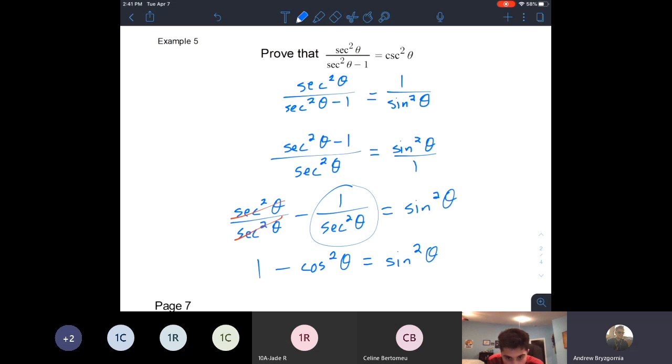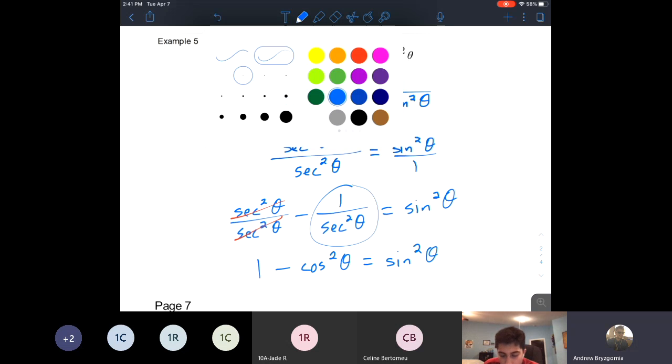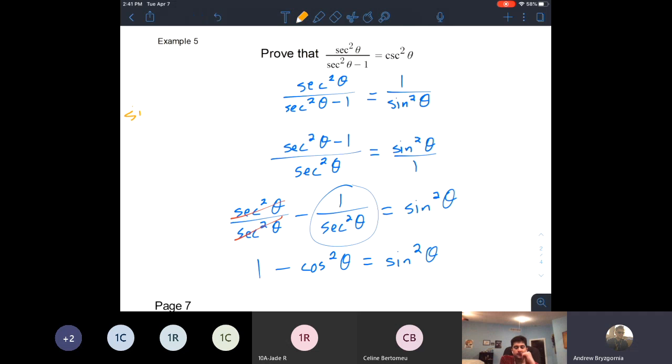And look at what we've got here. This is the result of the main Pythagorean identity that we've learned. Normally it's sine squared plus cosine squared equals 1.